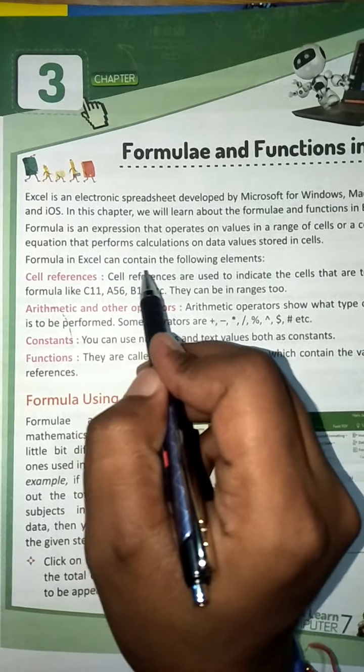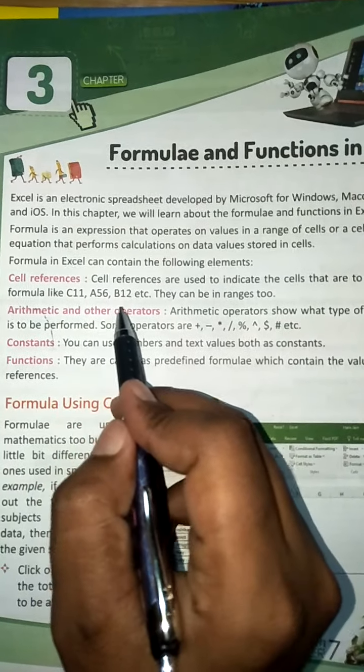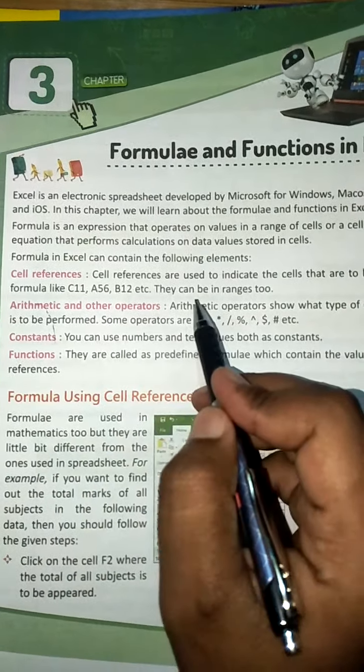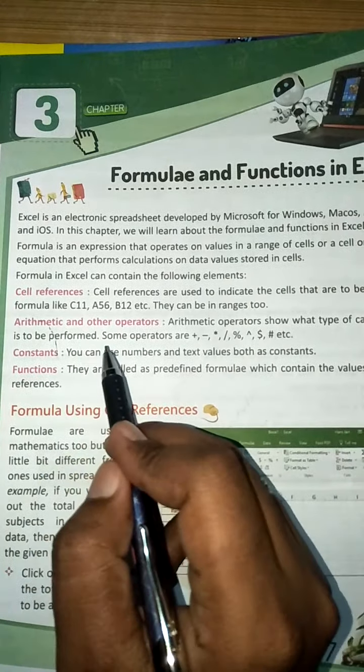Formulae in Excel can contain the following elements. Cell references. Cell references are used to indicate the cells that are to be used in a formula, like C11, A56, B12, etc. They can be in ranges too. Arithmetic and other operators. Arithmetic operators show what type of calculation is to be performed.